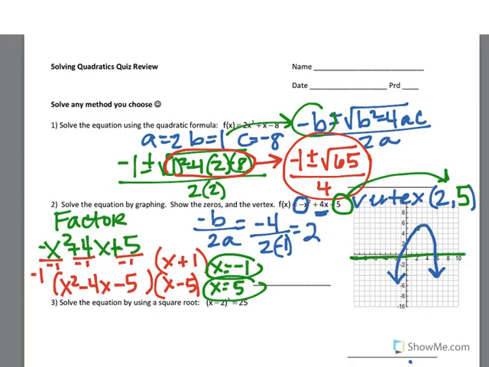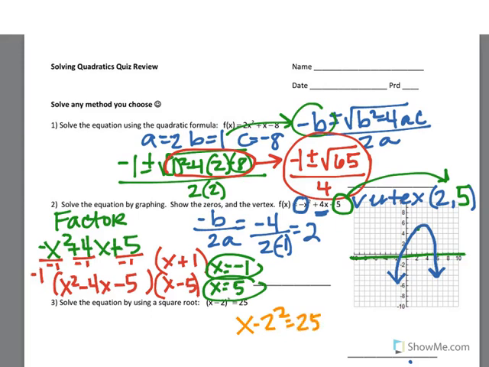Okay, for the next problem, you're going to solve the equation using a square root. So you are going to look at this and say, okay, x minus 2 is all being squared. So in order to get x by itself, I am going to have to take the square root of that.